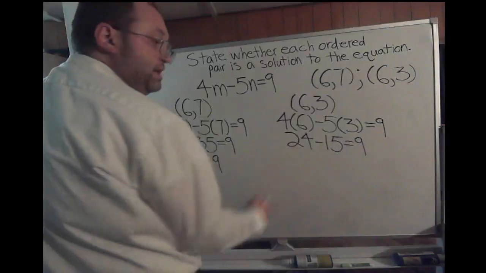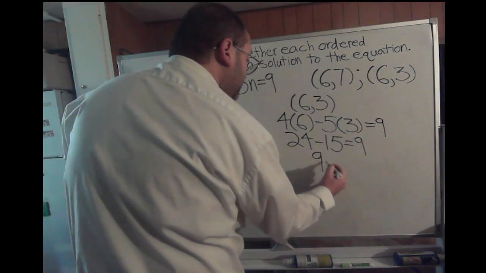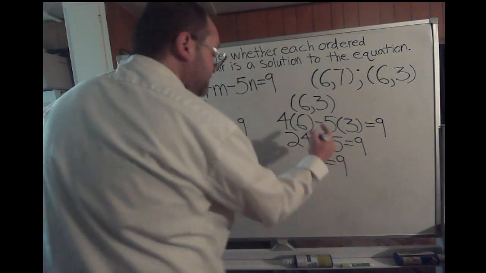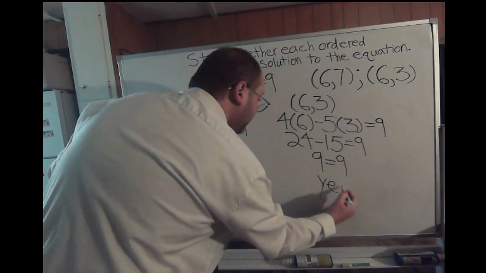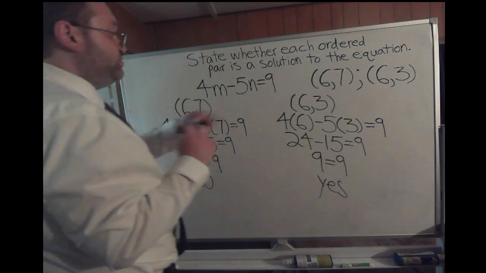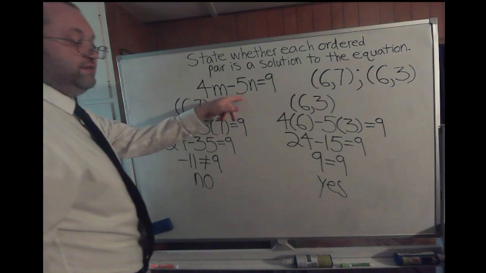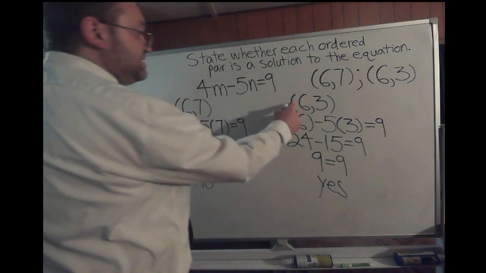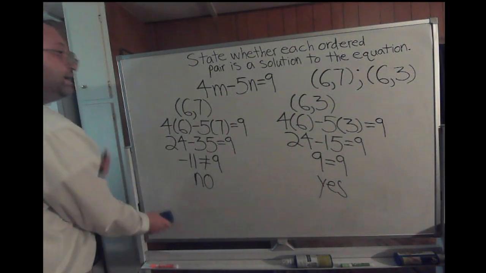Well, 24 minus 15 does in fact equal 9, and 9 does equal 9. So yes, 6, 3 is a solution. 6, 3 is in fact a solution to 4m minus 5n equals 9, which means 6, 3 does lie on this line.